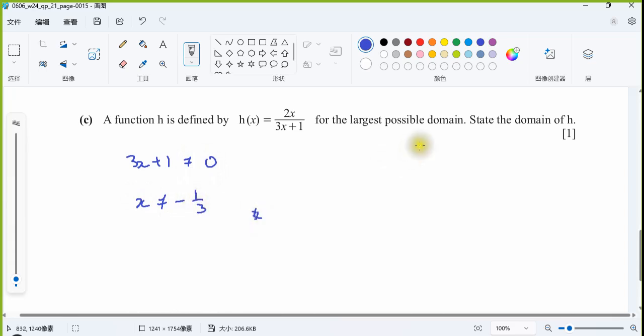This is the largest possible domain because we don't want to have 0 at the denominator. Other than that, all other values are okay. So 3x plus 1 cannot be 0, so x cannot be negative 1 over 3.